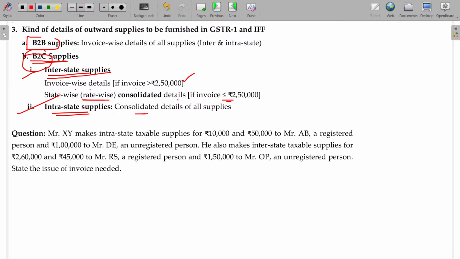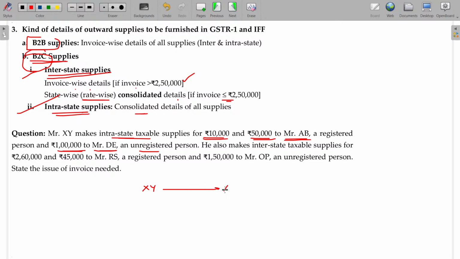Now let's see here. Mr. XY makes intrastate supplies for 10,000 and 50,000 to Mr. AB, a registered person, and 1 lakh to Mr. DE, an unregistered person.